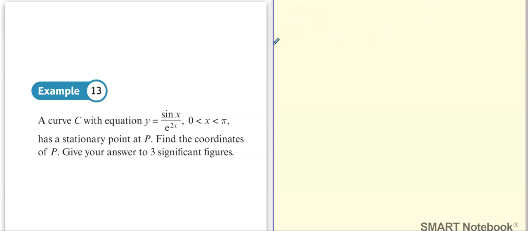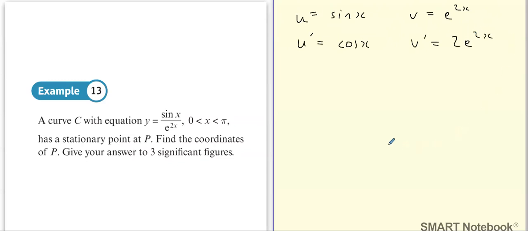So curve with that equation. My initial instinct is to do u equals sine x and v equals e to the 2x. So u dash is going to become cos x. v dash is going to become 2e to the 2x.